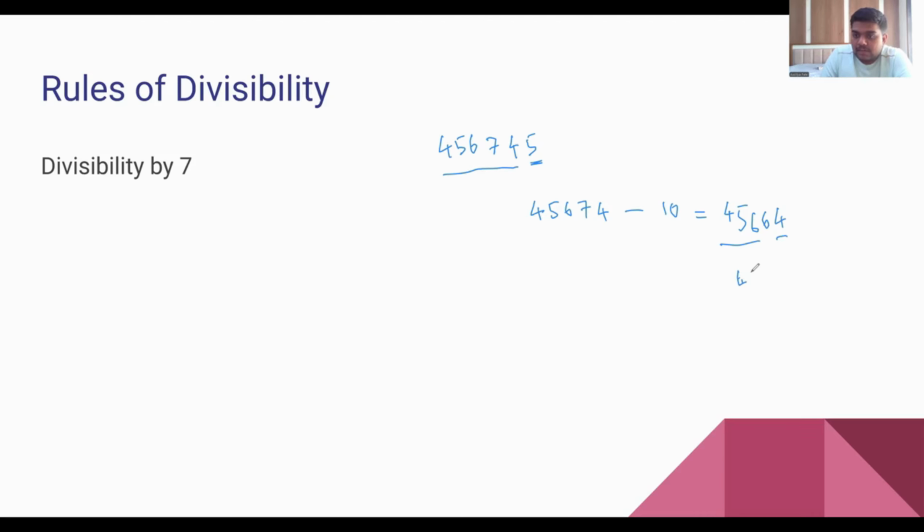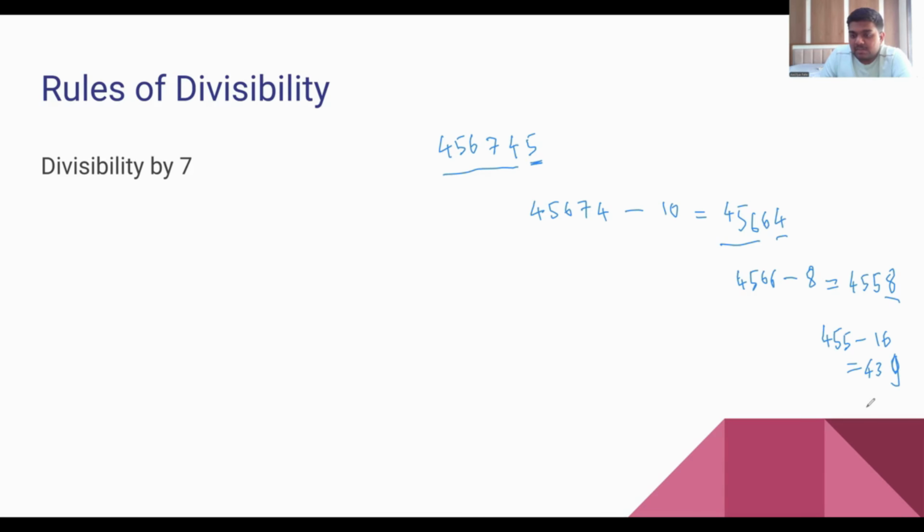So 4566 minus 2 into the units digit, which is 8, gives 4558. Now the units digit is again 8. So 455 minus 16, which is equal to 439.